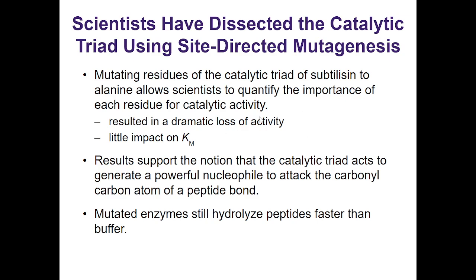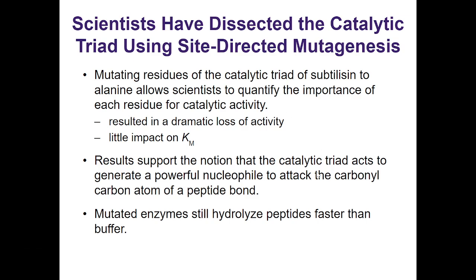This has resulted in dramatic loss of activity, but has little impact on the KM, on the other hand. So with this mutation to alanine, we can see you got a lot less product coming through, right? But our binding didn't change significantly, okay?